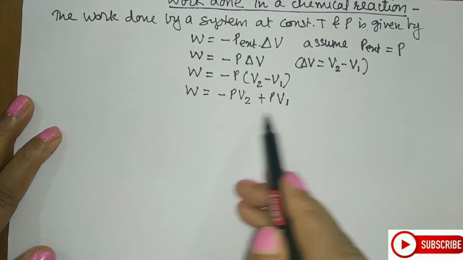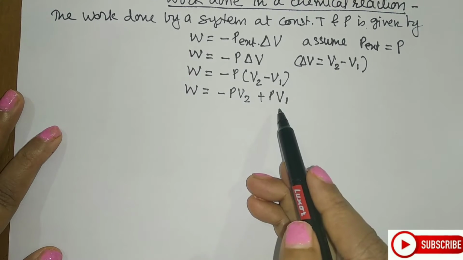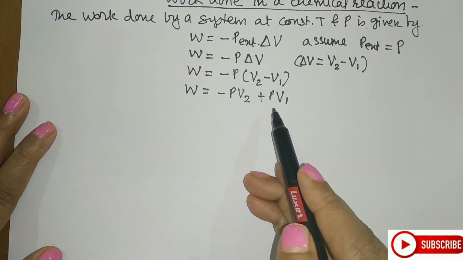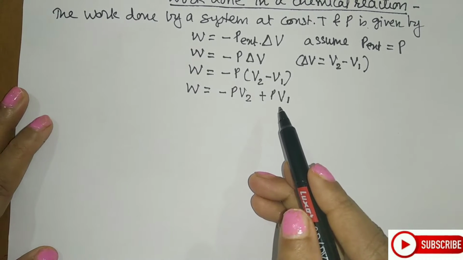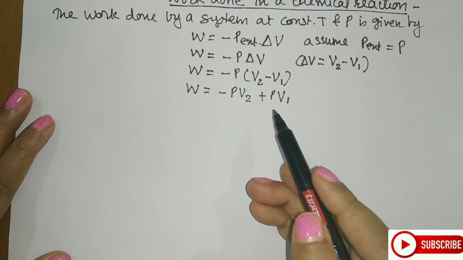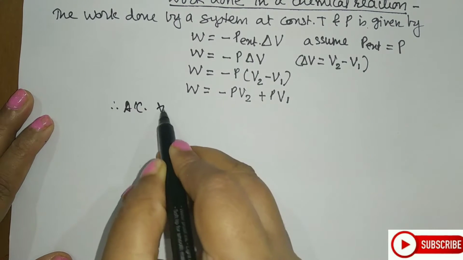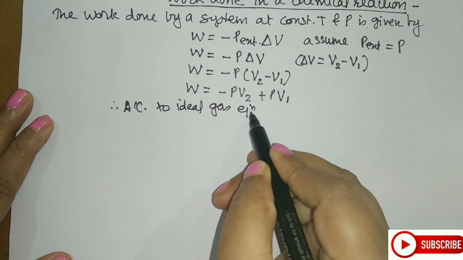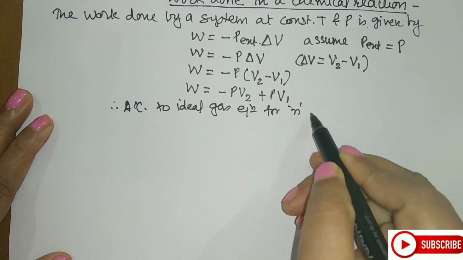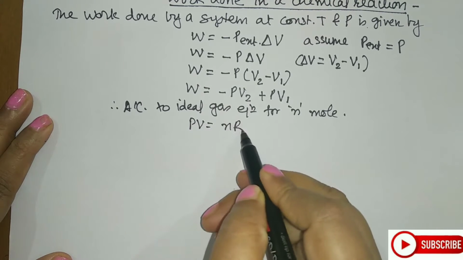Now if you see the terms here, PV2 and PV1, you can use the ideal gas equation because we are enclosing an ideal gas in the cylinder attached to the piston, and therefore the gases are ideal. According to the ideal gas equation, for n moles of the gas, PV is equal to nRT.